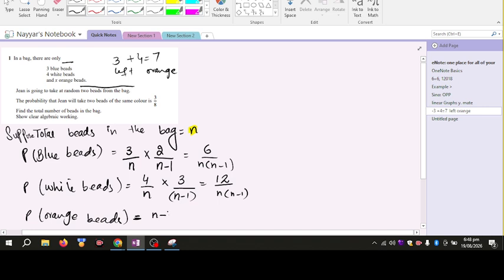So, n minus 7 upon the total number, which is n. In the second attempt you have taken out 1 bead, so now the total is also reduced.